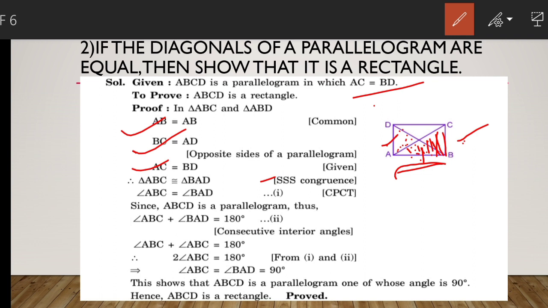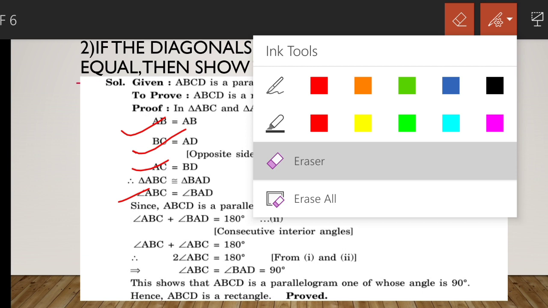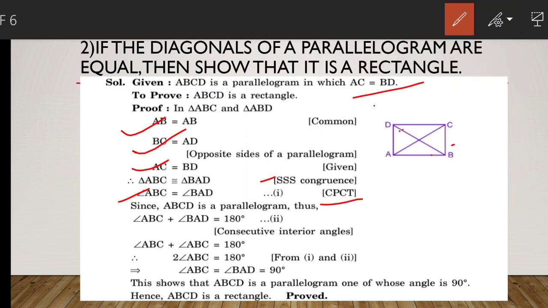By CPCT we can say angle ABC is equal to angle BAD, so this angle B and this angle A are equal. Call this equation 1.